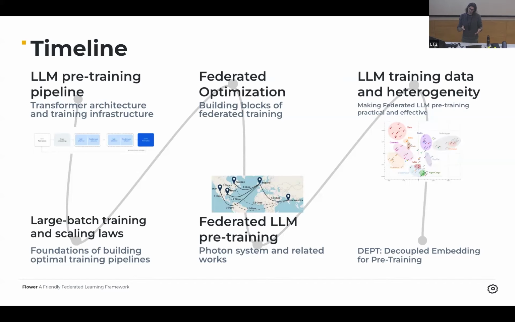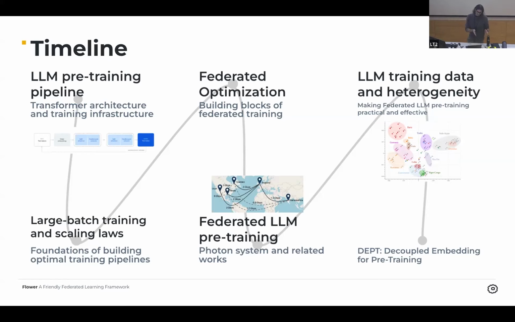To do this, we will touch on some main points that we think are crucial, like for example, how the LLM pre-training pipeline developed from some good theoretical understanding of the problems, but also from a lot of empirical results.